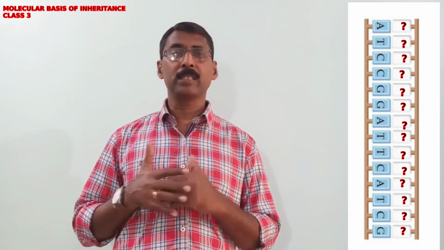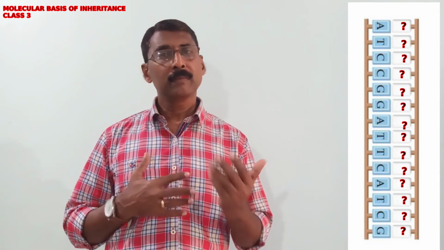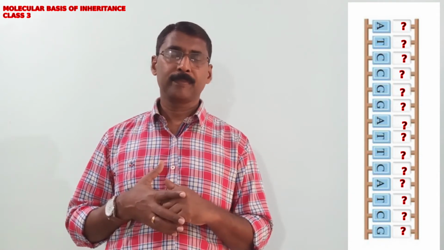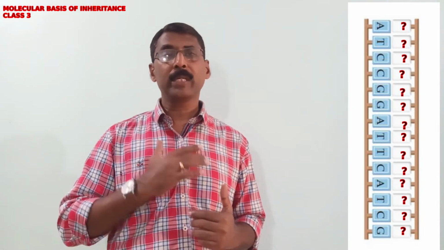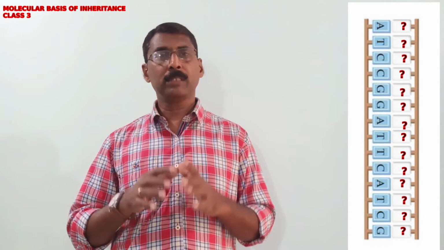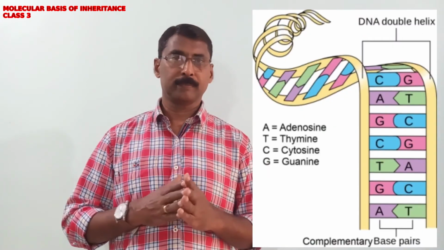If guanine is the nitrogen base in one DNA strand, the opposite strand would pair with the cytosine. So if we know the nitrogen base sequence of one strand, we can guess the nitrogen base sequence in the opposite strand. That is called complementarity. That is why it is called DNA strands are complementary to each other.